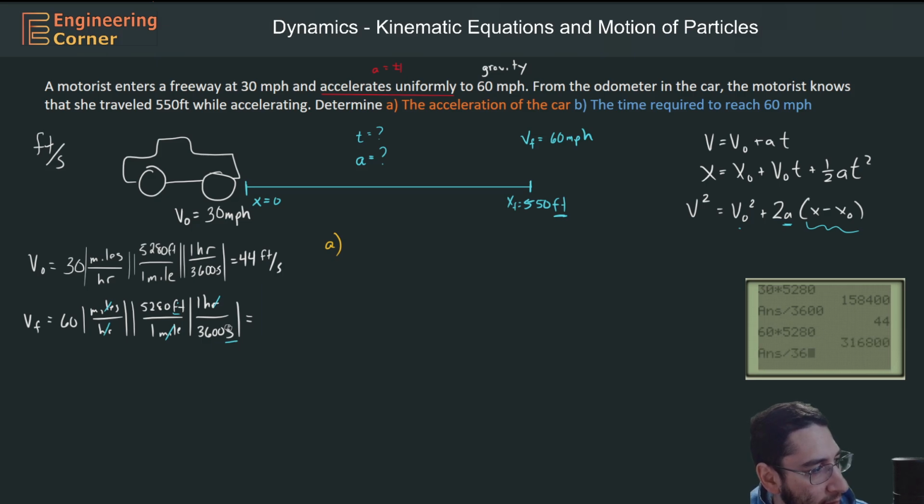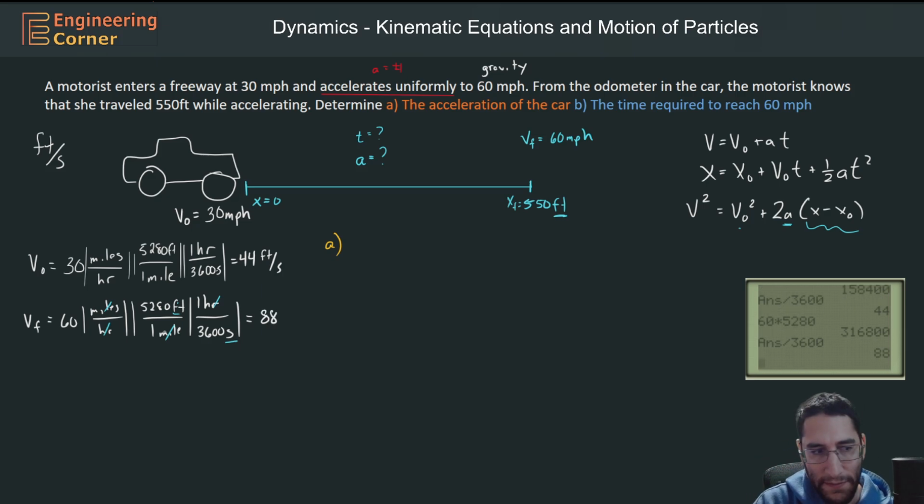5,280 divided by 3,600. So we sort of knew it was 88 because the velocity was just doubled. So our final velocity is going to be this 88 squared.